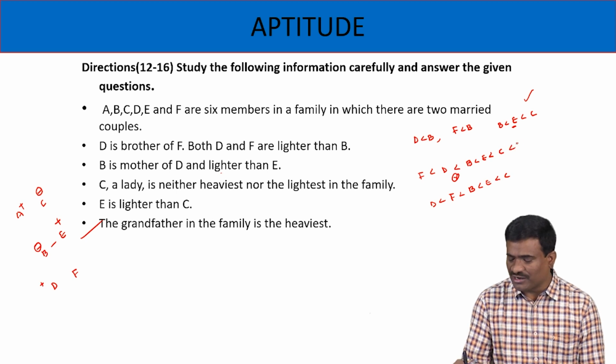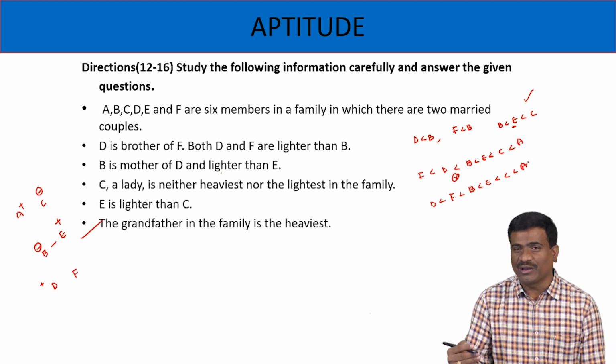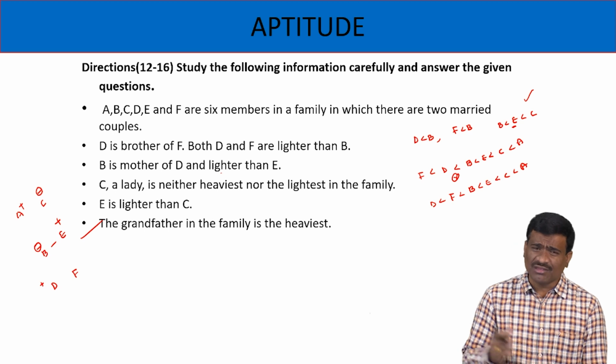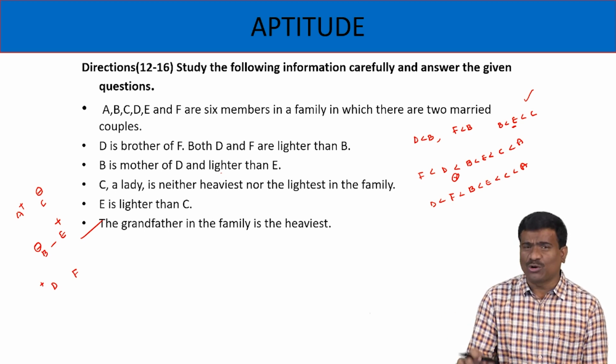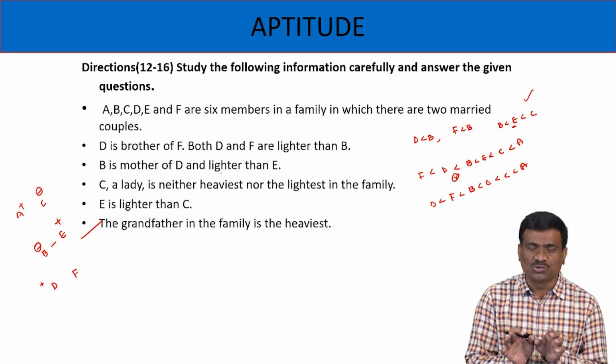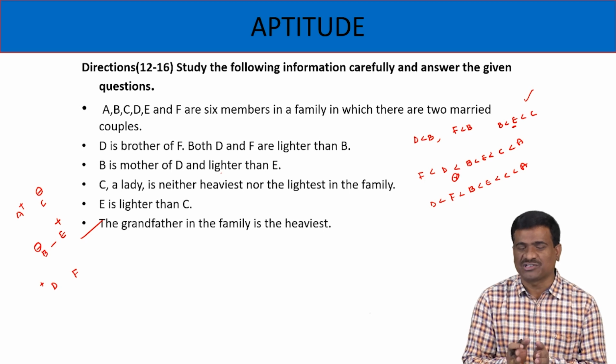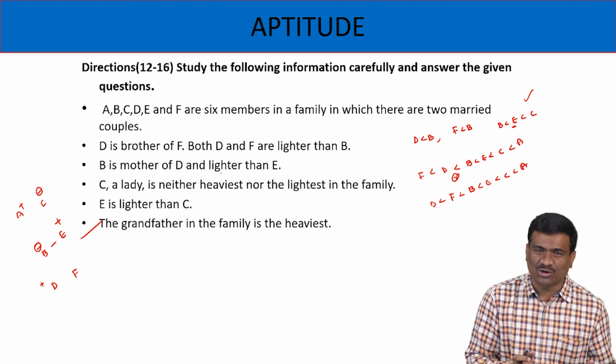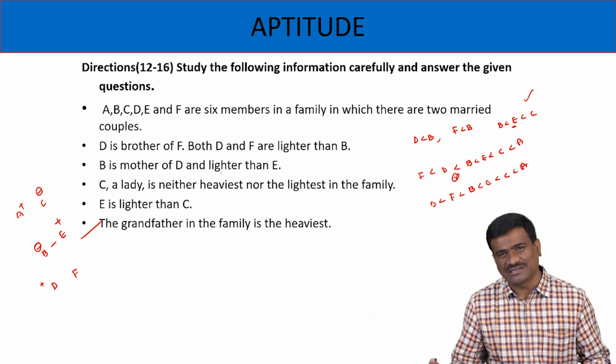Finally, A comes last in ascending order. This is called the comparison test. Two cases are possible here: one is the relation concept, second is the comparison concept.